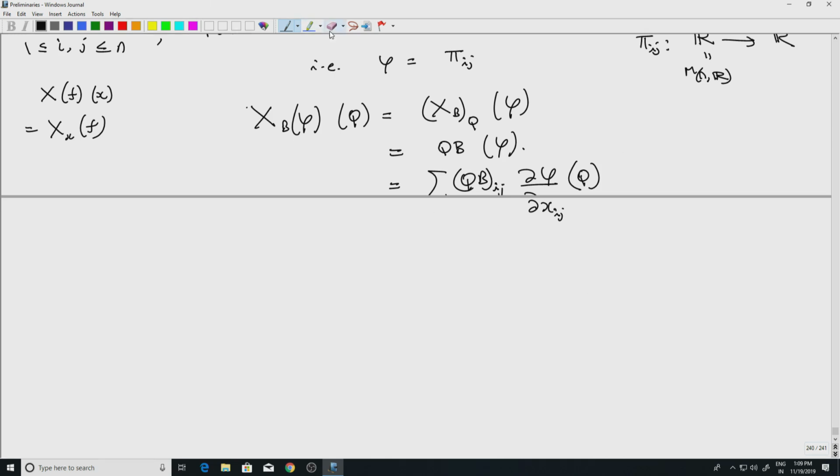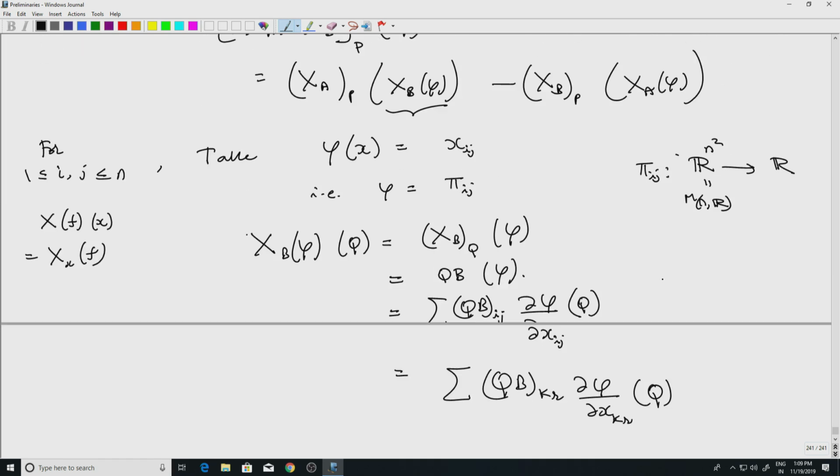Since I'm going to use ij for this function phi, I don't want to use the same ij as summing index. So let me rewrite it in terms of some other indices. Kr del phi by del x Kr of Q. Now let's do this business of taking specific functions phi and see what we get.